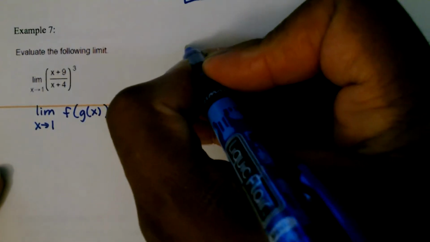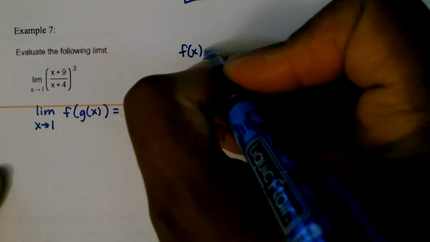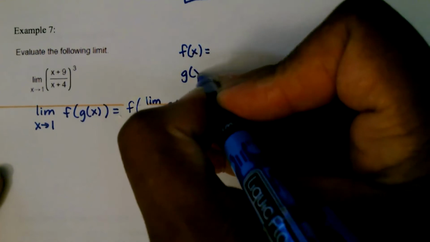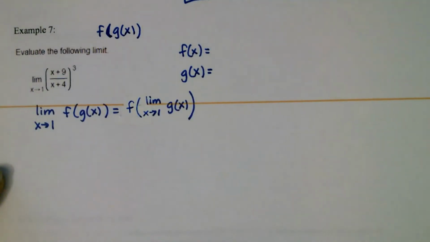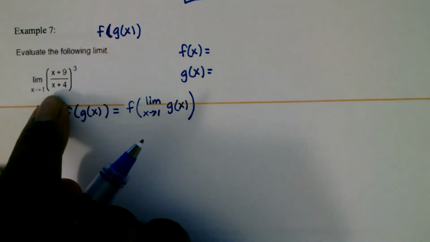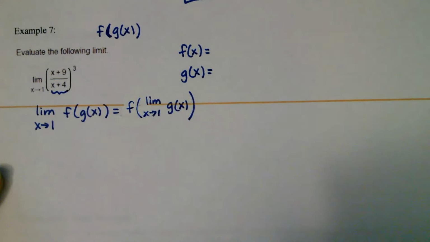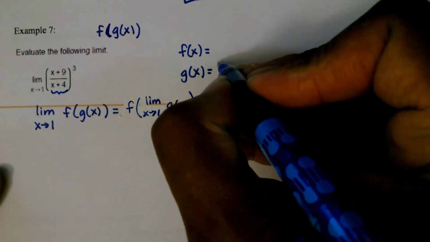But let's identify what f of x is and what g of x is. Of course, we're doing f of g of x, where g of x is the inside function. So here, x plus 9 over x plus 4 is my inside function, which will be g of x.